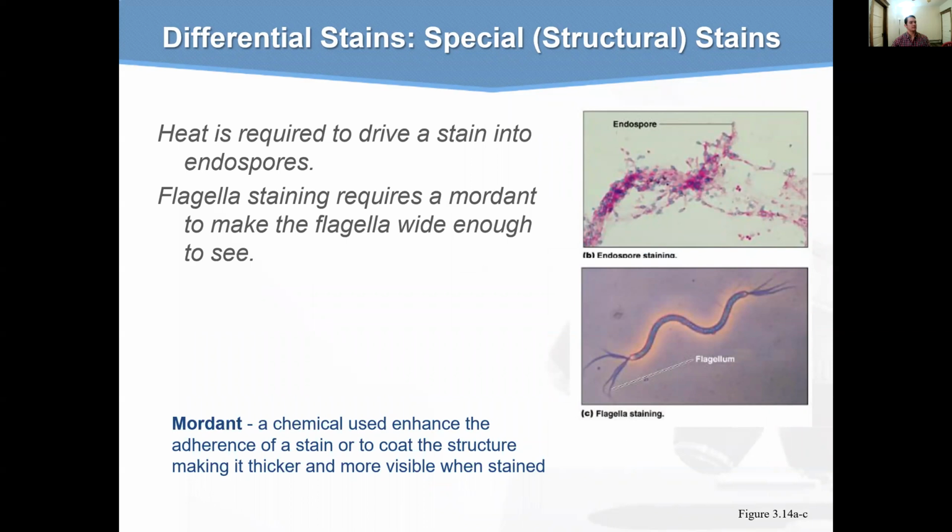And here, looking just quickly at special or structural stains, they can be used to identify and study the structure of bacteria. They're useful in observing endospores, capsules, and flagella. If you look at something like Bacillus cereus, for example, this organism has endospores. Endospores are special structures that allow the cells to survive harsh environmental conditions.